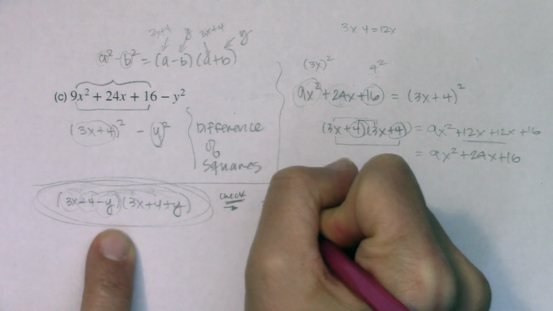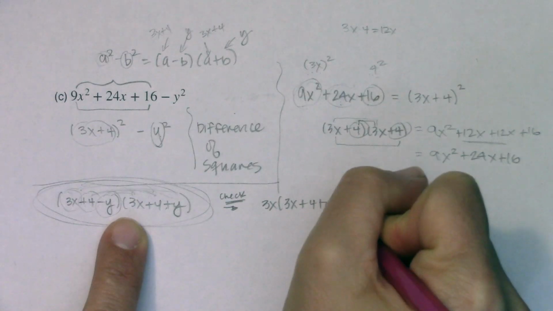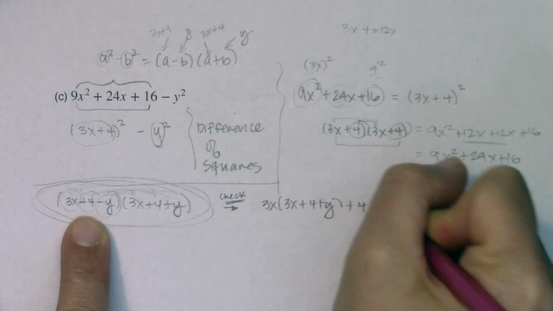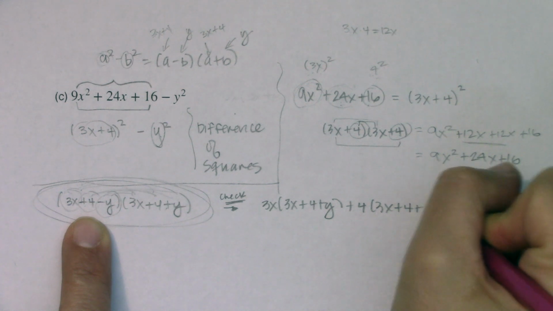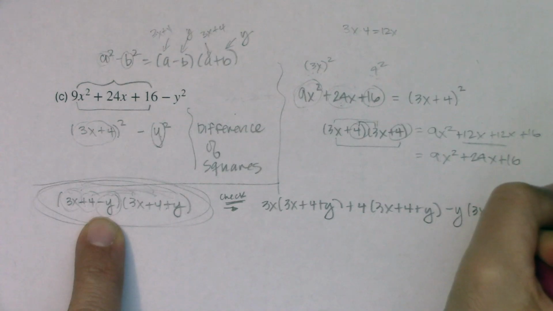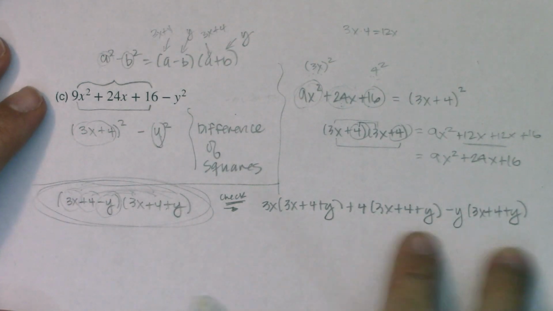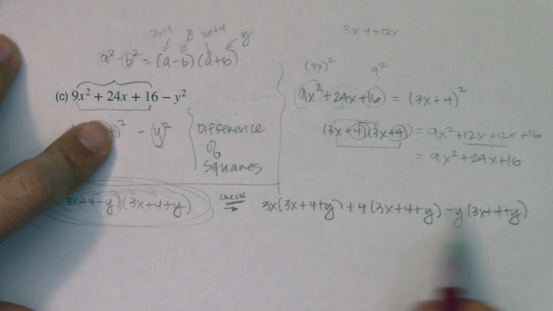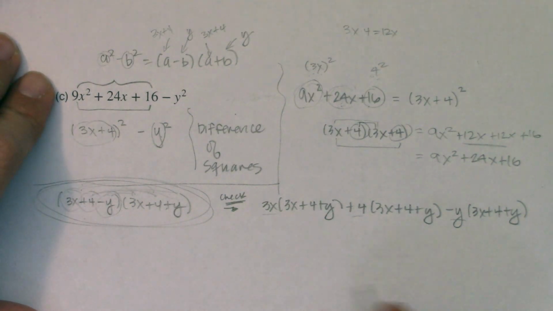So it's ultimately 3x times 3x plus 4 plus y, plus 4 times 3x plus 4 plus y, minus y times 3x plus 4 plus y. And you can see if you were going to go backwards, these 3 terms have 3x plus 4 plus y in common, and I'm left with 3x plus 4 minus y. That does get me back there.